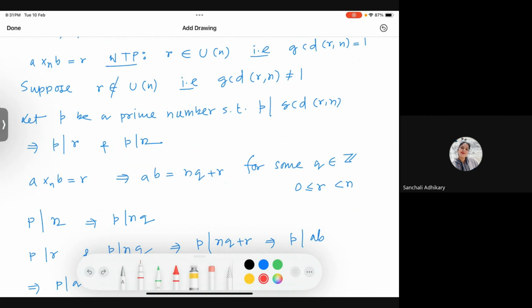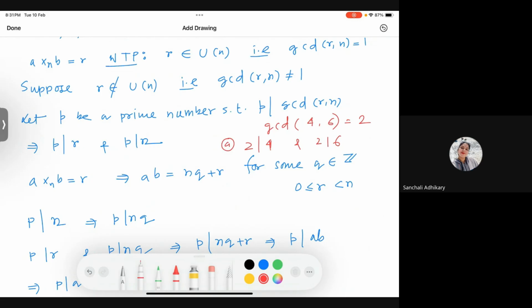Now, what is the GCD of 4 comma 6? 2. So observe, 2 divides 4 and 2 divides 6. Okay, this is the first thing.